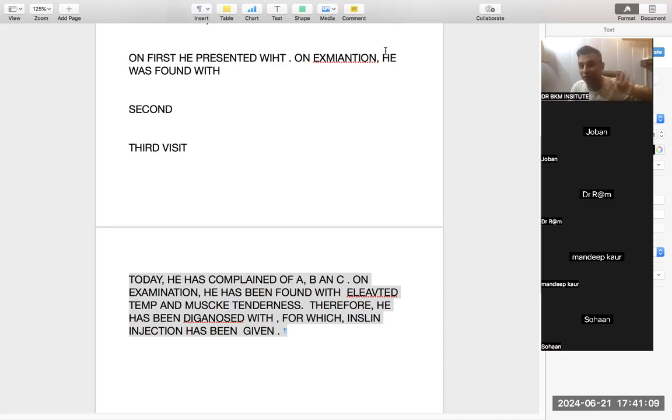Suppose this patient has myocardial infarction. So today the patient has presented again with severe chest pain, sudden onset of crushing chest pain. On examination, he has been found with this and this.